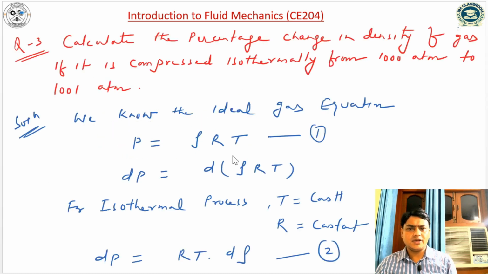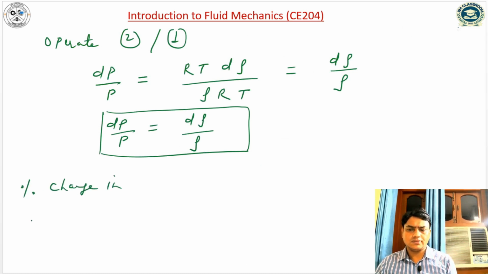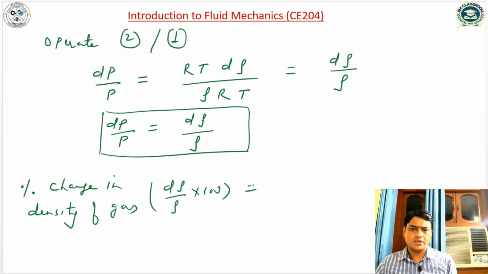So we have to find the percentage change in density of gas. So percentage change in density of gas, that is d rho by rho into 100, this can be written as dP by P into 100.